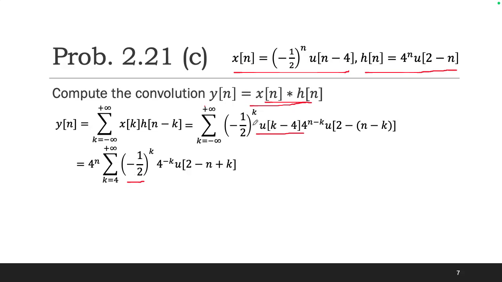Yeah, you observe that. You can see this is the key: the 4 to the power n and the 4 to the power k are actually a breakdown. This part, k, is the one that will change. So you cannot put the term related to k out, but you can put the term related to n out. That makes sense to you? Okay, then what's the next step?